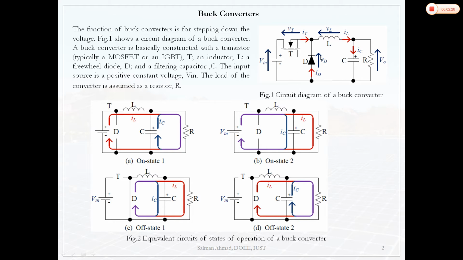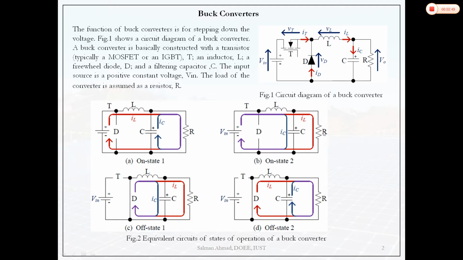So this diode will be in reverse bias mode, so it will be open circuited. In the on state this diode is open, so the input supply will charge this inductor, and it will also charge this capacitor, and it will supply to this load.